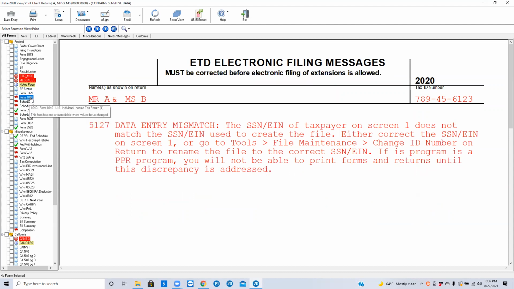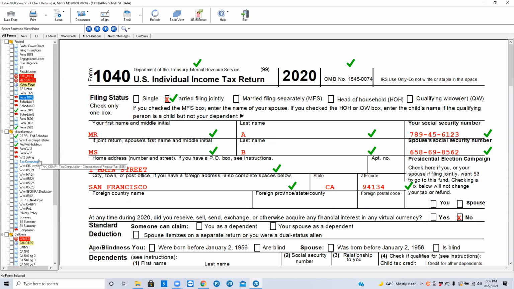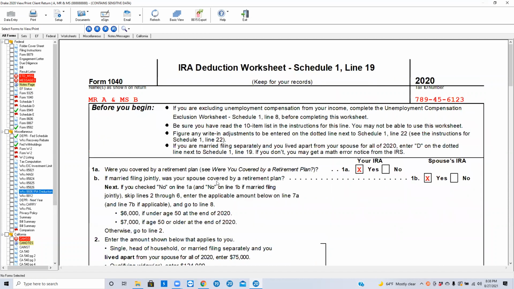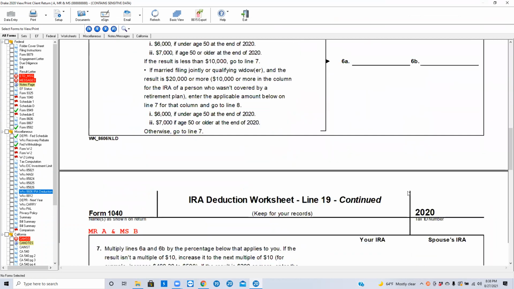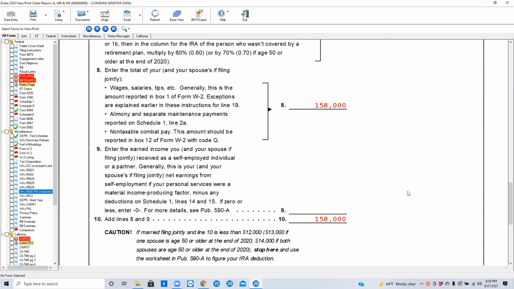Because they already have that 401k. So in this situation, they are not qualified to do this 401k plus IRA. As you can see in here, their income is more than 100. See, in this situation, it is not deductible.